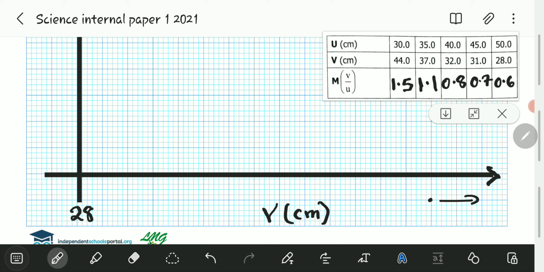Remember, I have 1, 2, 3, 4, 5 boxes, so 44 should not come before this point. 5, 6, 7, and I have 8 there.